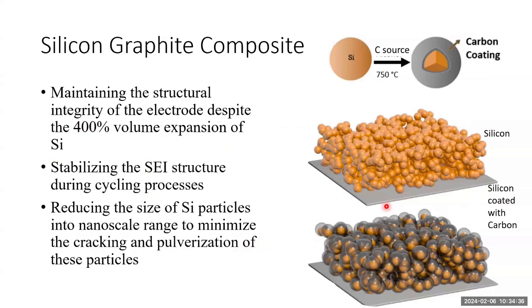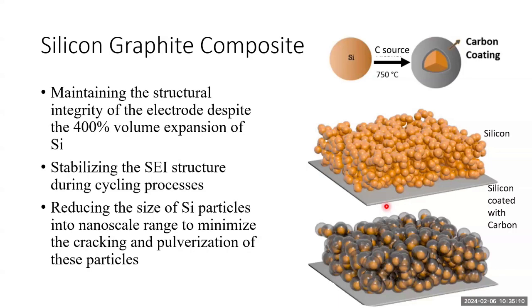And if I tell you what the SEI layer is, SEI is the solid electrolyte interface. When a solid and an electrolyte come together, you get a solid electrolyte interface. That means an interface connecting solid and electrolyte, because your electrolyte is liquid, and your electrode, which is the anode, is actually a solid.